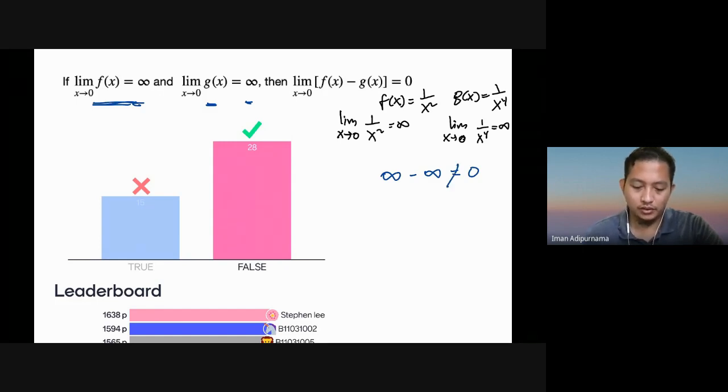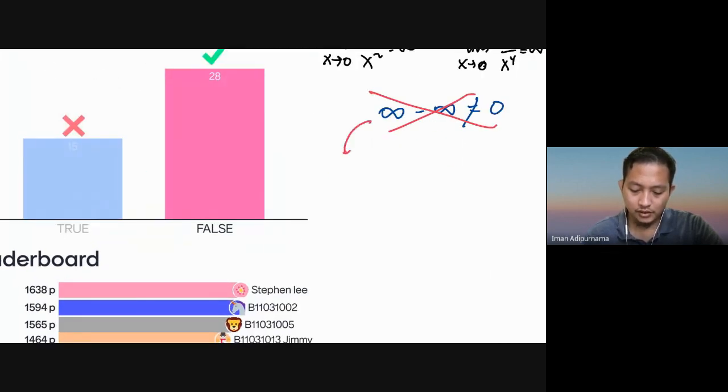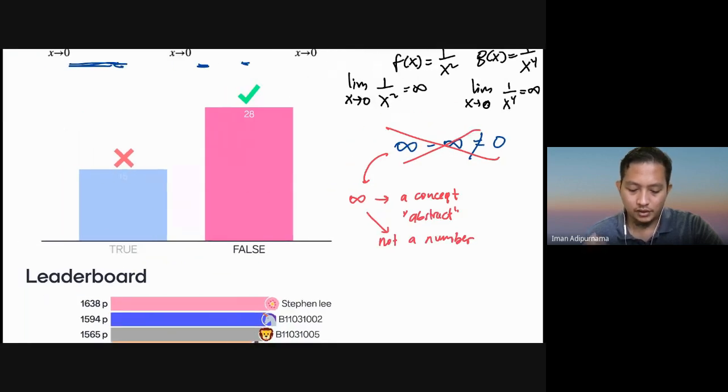So we cannot do this. Why? Because this is a concept, an abstract, am I right? This is not a number. So that's why it's false.